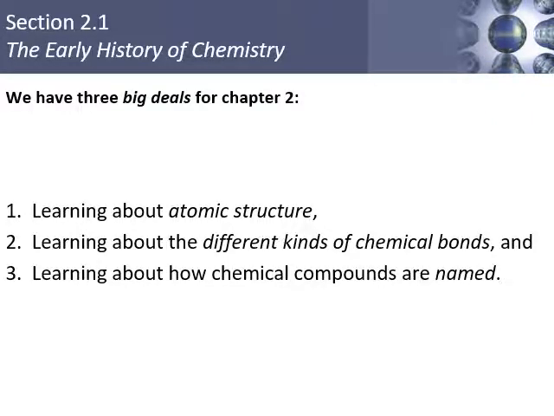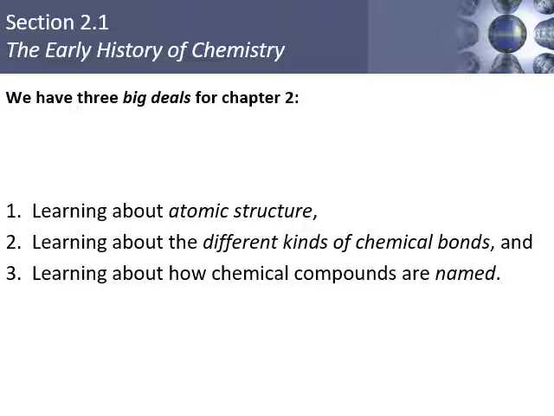So three main things that we're going to be talking about in this chapter would be atomic structure, which we're going to learn a little bit about how they figured it out. A lot of this stuff happened around the turn of the 20th century. For some reason, at that particular time, between about 1870, about maybe the time Maxwell was developing his equations for electricity and magnetism, all the way up through about 1910, 1920, there was just a whole lot of stuff that was discovered.